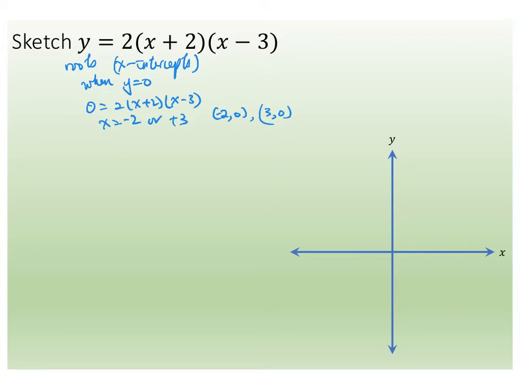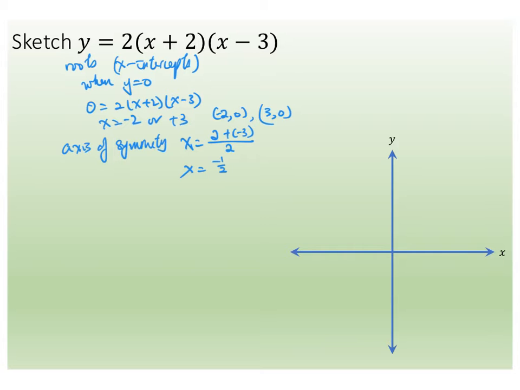Alright? So then, next bit, we work out the axis of symmetry. It is x equals (2 + −3) divided by 2, which is −1 divided by 2. So x equals −1/2.